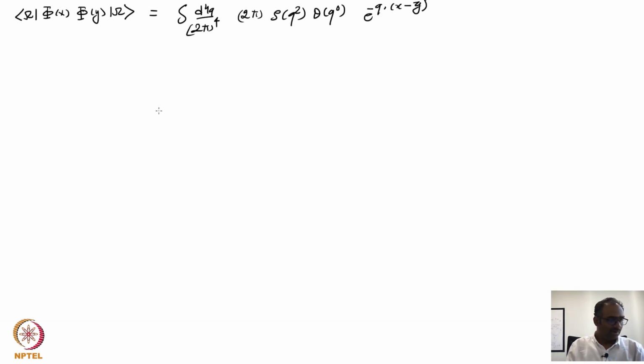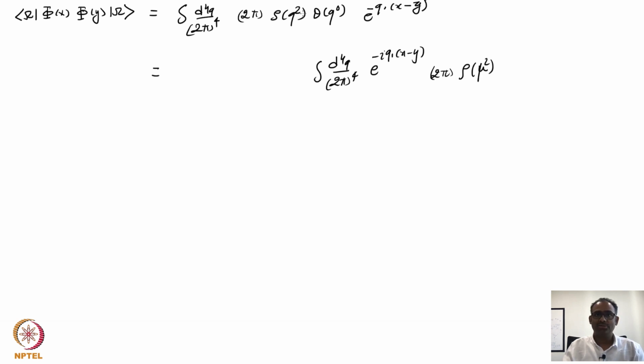Now I want to write it in the following manner. So you have the same thing, d4q over 2 pi to the 4, and then you have e to the minus I q dot x minus y, that's this factor, times 2 pi rho of mu square.